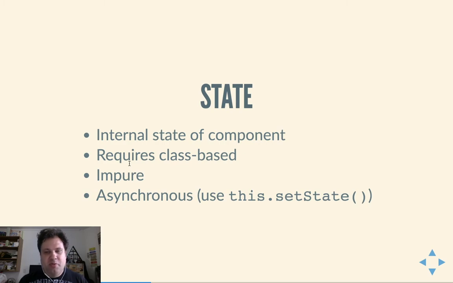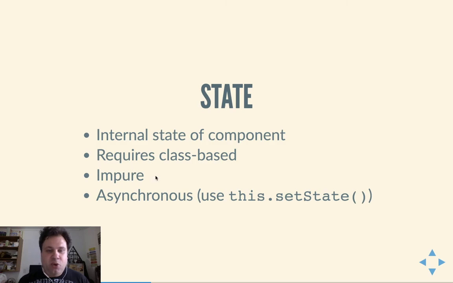However, components also may have what's called state, the internal state of the component. You can only use internal state in class-based components. And using state actually makes your component impure because the rendered output of your component no longer depends exclusively on the input props that it's receiving.